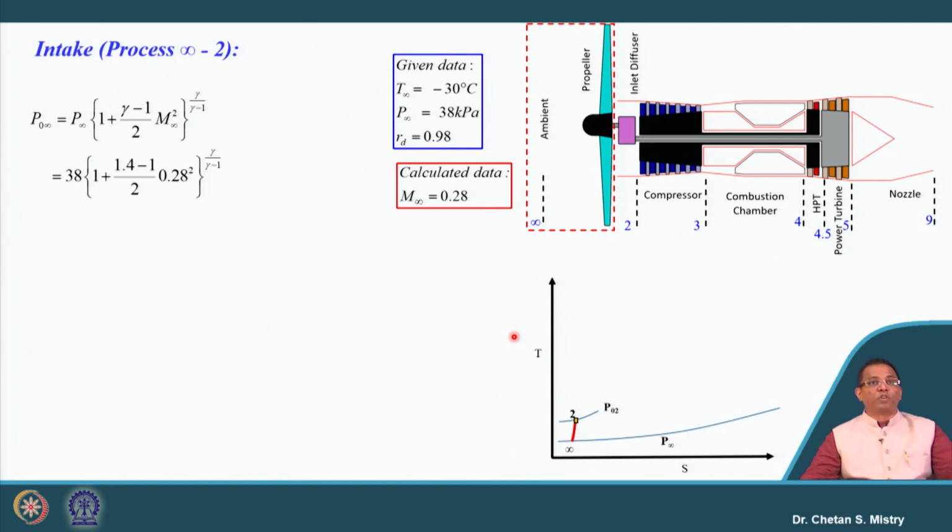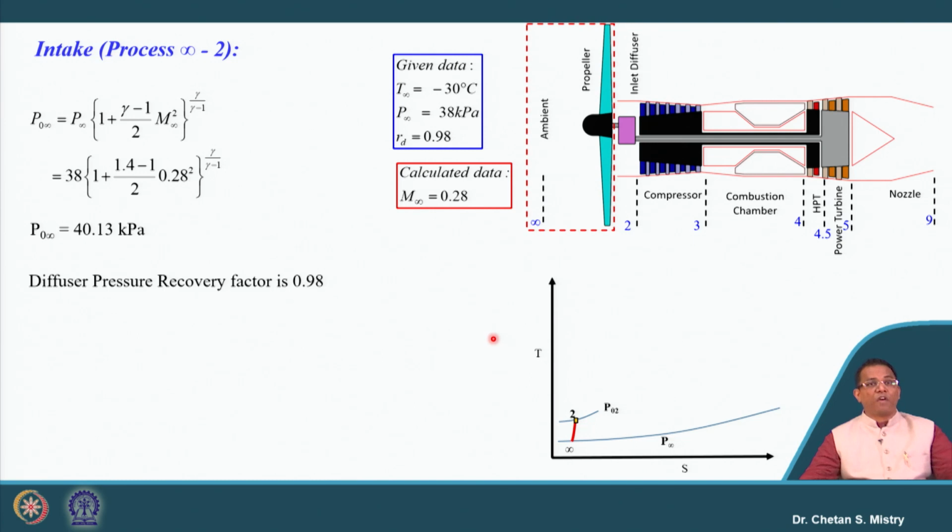So let's put in these numbers. The pressure given is 38 kilopascal, gamma is 1.4, and the Mach number we have calculated is 0.28. This gives the inlet total pressure as 40.13 kilopascal.